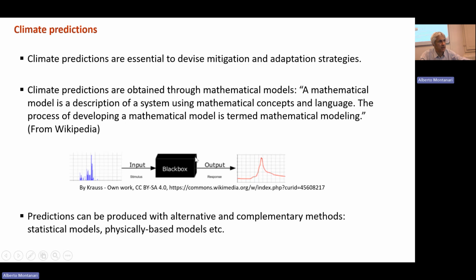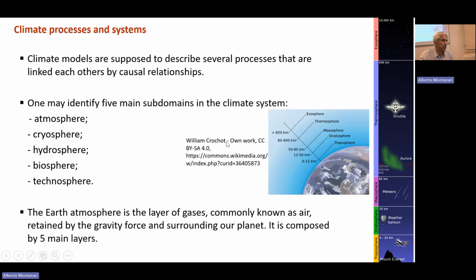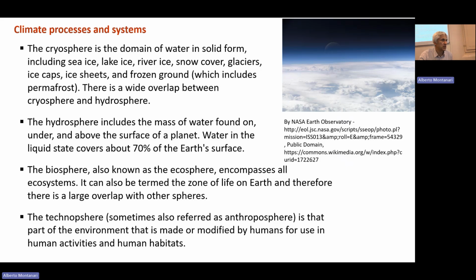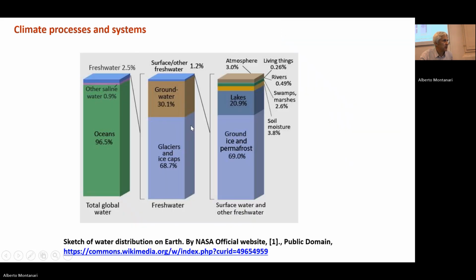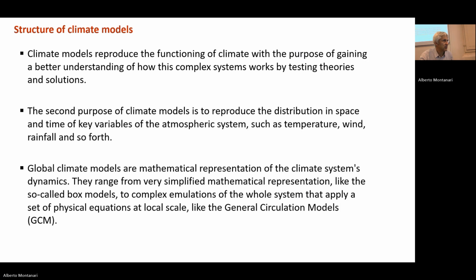Here there is written black box because it's a figure that I found over the web, but keep in mind that when we say black box, usually we mean empirical models. Black because it's not clear, it's something that you can't see inside. A physical model is more transparent. And let's now skip the history of climate models because we will discuss it later.